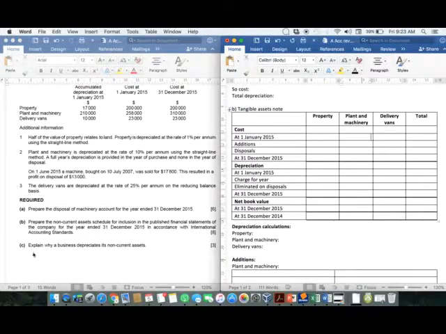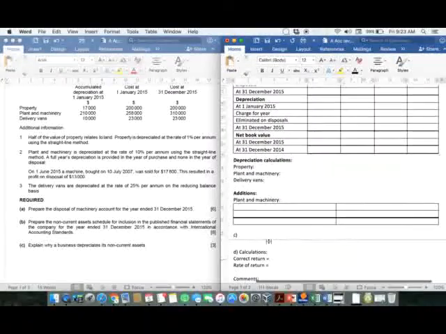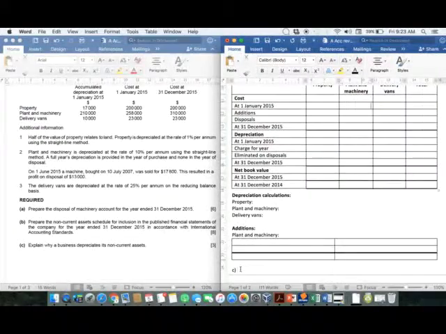And then question C, explain why a business depreciates its non-current assets. In actual fact, you could answer that right now because it's simply a theory question, or you could come back later. Since we're looking at it now, let's quickly just go through it. There are really three main reasons why you would want to depreciate your non-current assets.